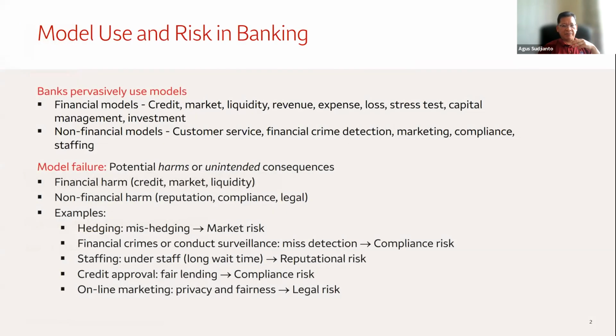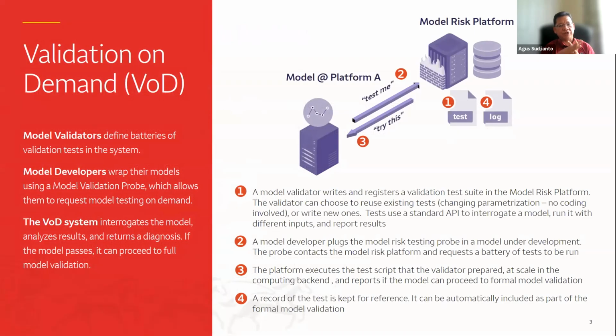So what we're thinking about, this is what we do, is what we call validation on demand, where a model developer can say, test me, this is my model, test me. So a model developer can choose a battery of tests that the model validator built to test their model, and vice versa. Model validators can go at any given time to any model to test it as well.